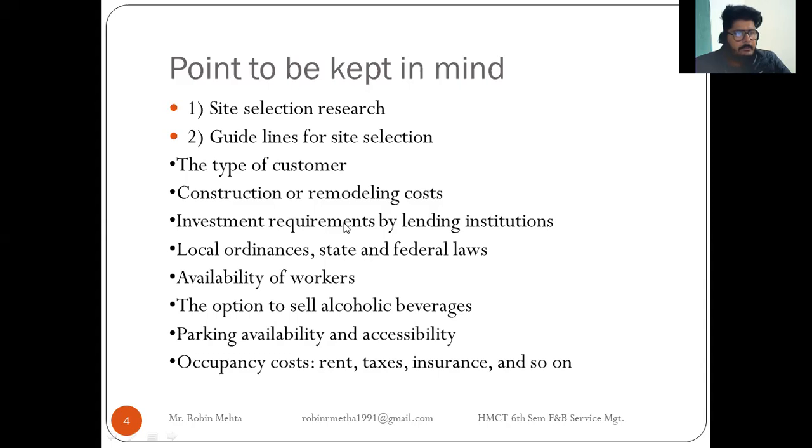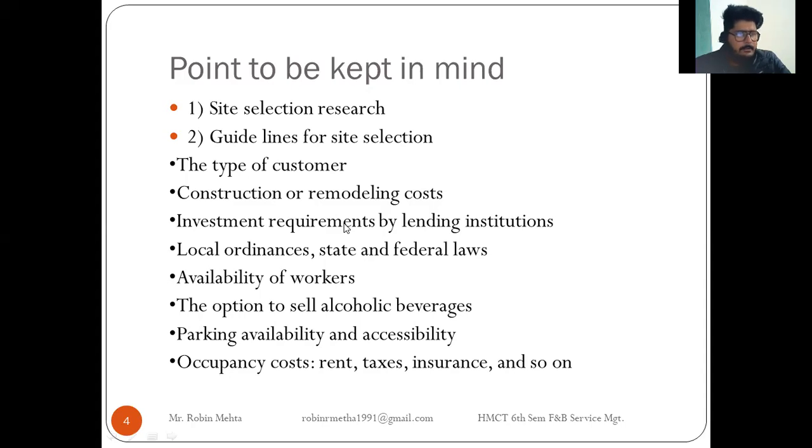So there are many institutions and requirements we have to know about. Local ordinances, state and federal laws: if there are any local ordinances for which we have to get some documents or legalization.